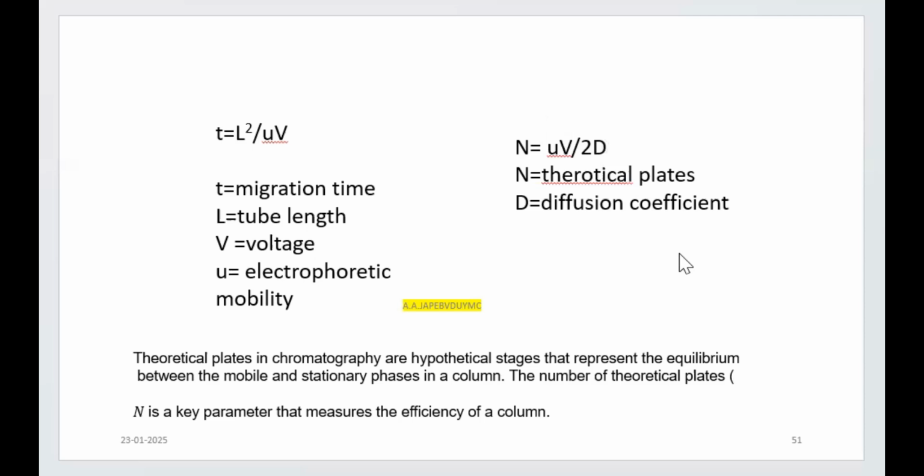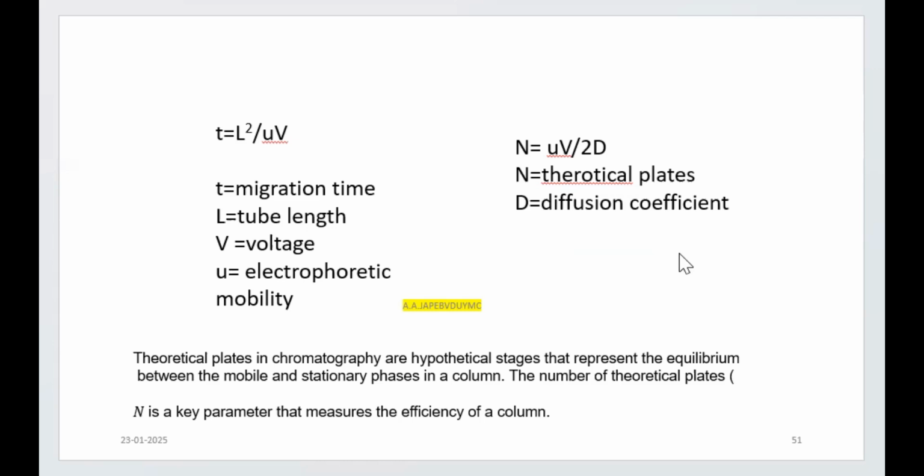Now the diffusion coefficient is going to be entirely a property of the analyte under study, its size, its net charge, and the density of the mobile phase. All these things are going to govern the diffusion, right? So the diffusion of the analyte is its own property, so it is denoted as a constant and denoted by the symbol D.